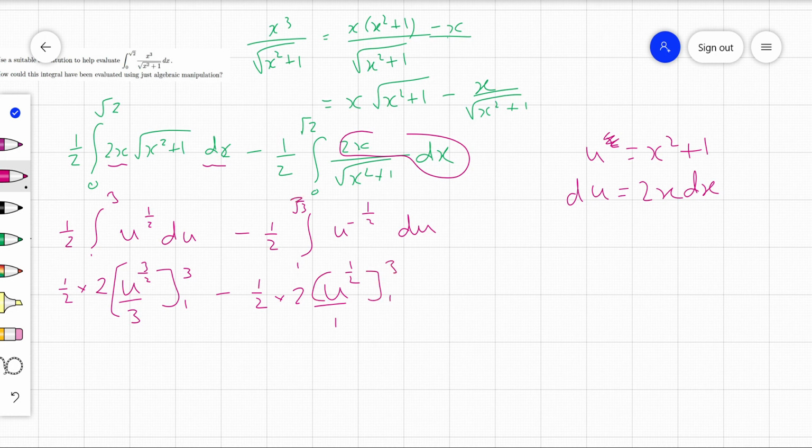I don't know why I've got a root 3 there. Alright, so of course the half and 2 cancel. So I'm just subbing in a 3 to, okay, so we end up with 3 root 3 on 3, so that's root 3, minus a third.